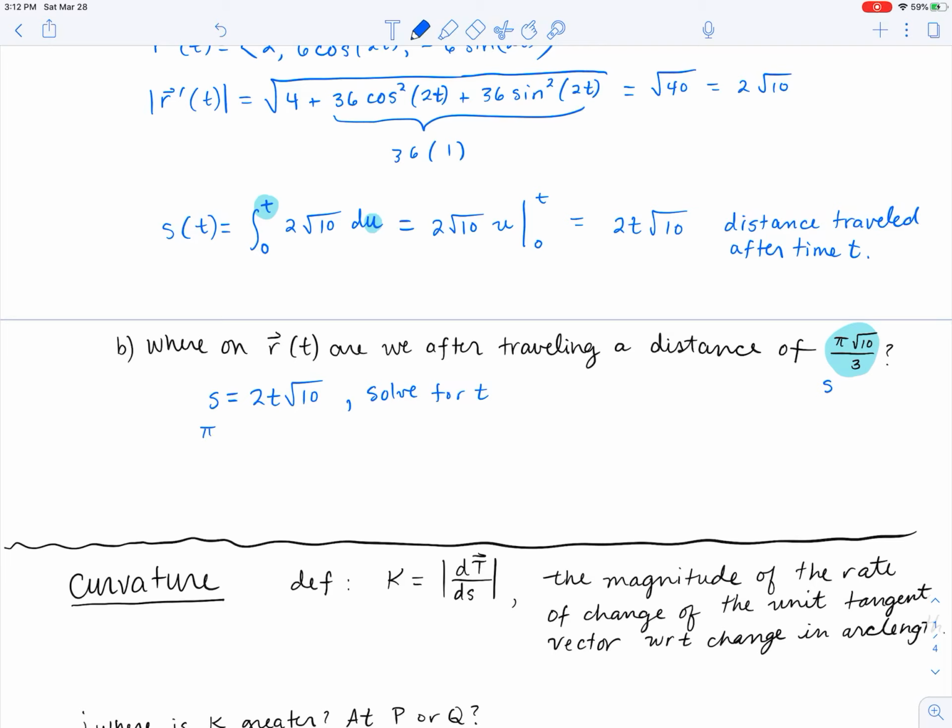So pi root 10 over 3 equals 2t root 10. If we divide both sides by 2 root 10, we're going to have pi root 10 over 3 times 2 root 10, which is pi over 6.